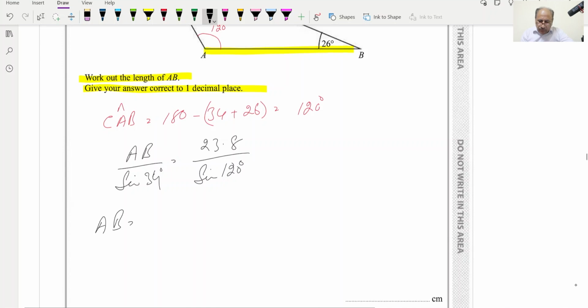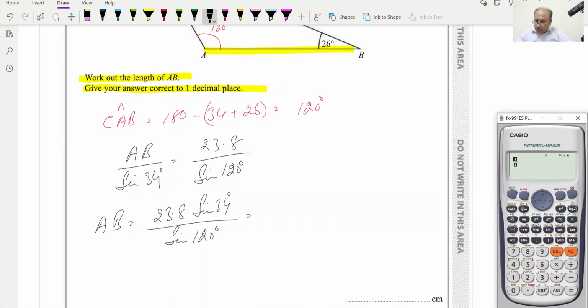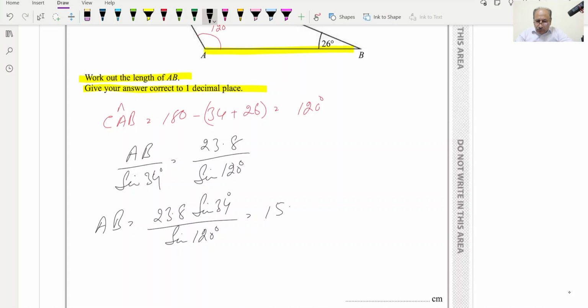So AB will be equal to 23.8 times sine of 34 divided by sine of 120 degrees, and we can calculate this, and it is equal to 15.37.